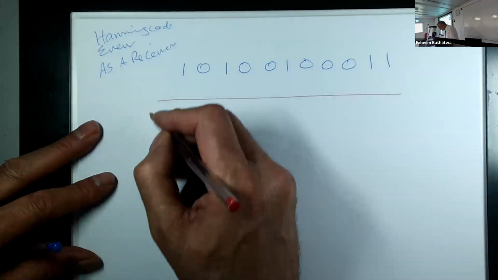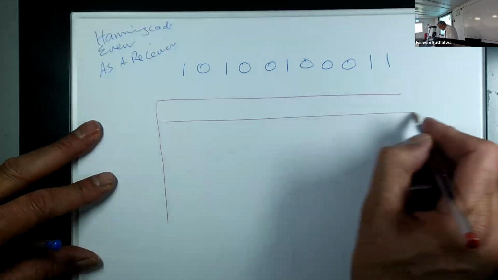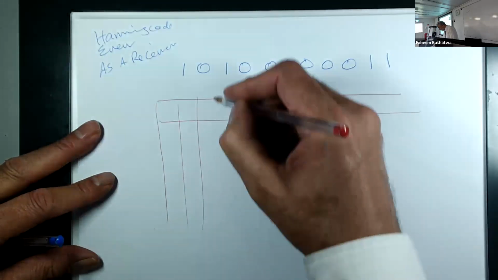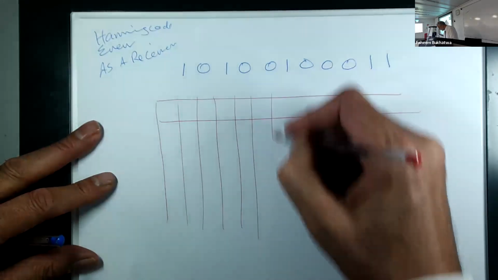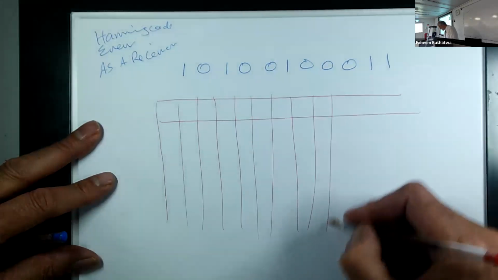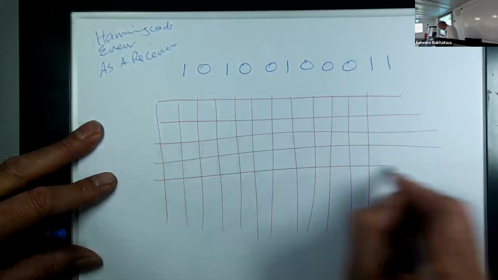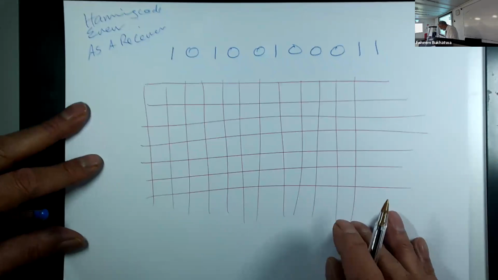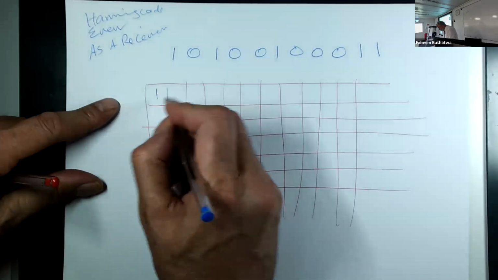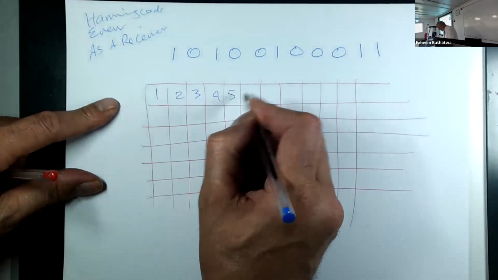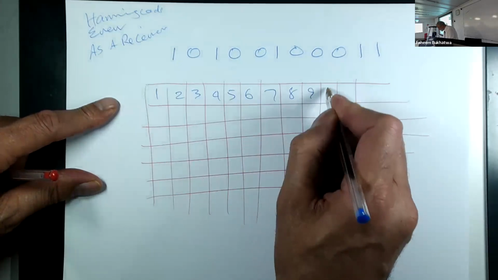You have to do it yourself. 1, 2, 3, 4, 5, 6, 7, 8, 9, 10, 11. This is the data. This is P1, P2, P4, P8. Right, so this is just 1, 2, 3, 4, 5, 6, 7, 8, 9, 10, 11.